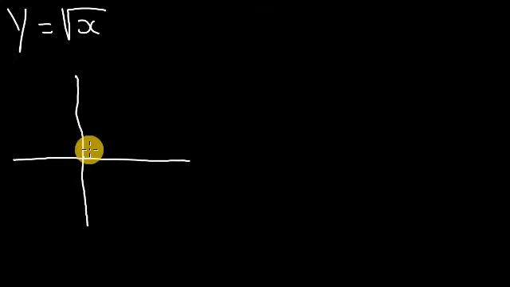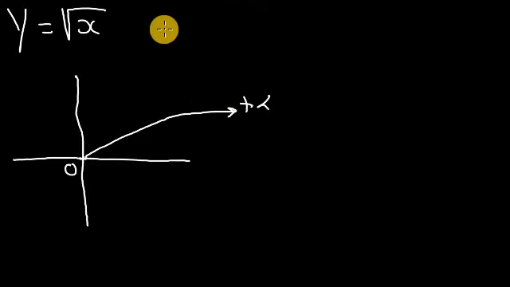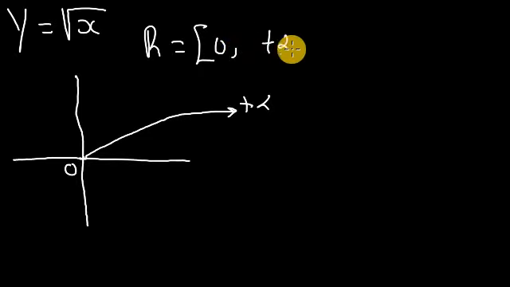It's going to be moving from the origin, then moving this way. So its range in this case will move right from 0 all the way to positive infinity. That's how the graph keeps on moving. So the range for this particular function will be from 0, including 0, all the way to positive infinity.